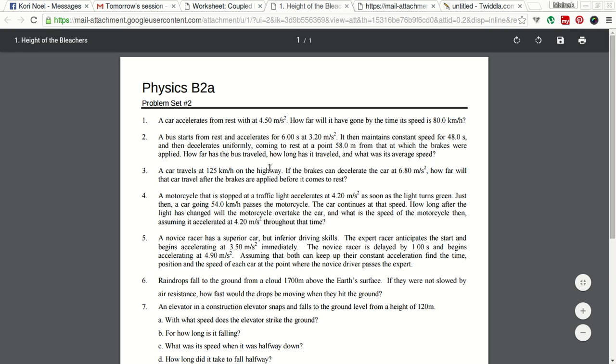Before that, just try to look at what are the things that are given. So is it velocity final equals velocity initial plus acceleration times time for the first one?